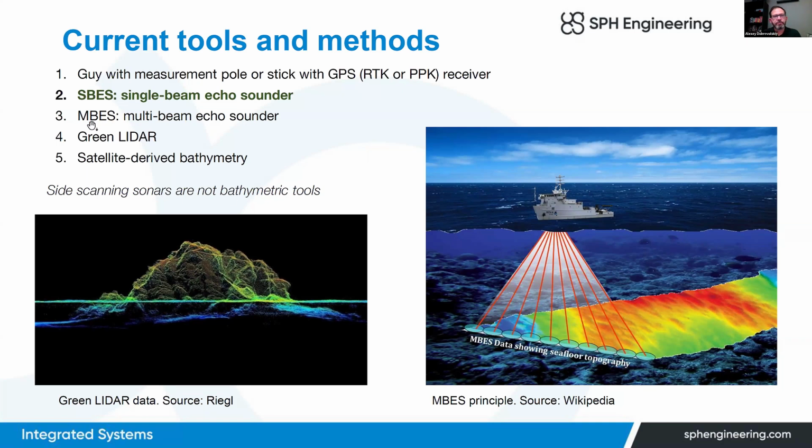Multi-beam echosounder systems are a more modern technology. It is like an aerial LiDAR, a scanning LiDAR, but it scans the bottom perpendicular to the survey line. So the big benefit of a multi-beam system is that it provides much better data density for the bottom elevation or for the depth.